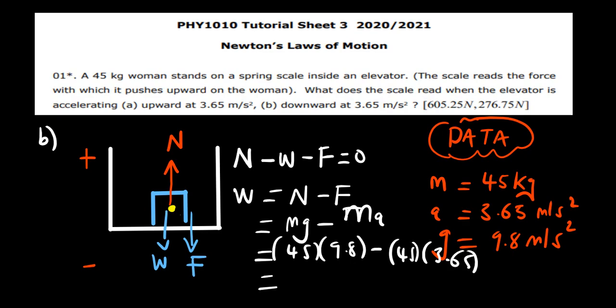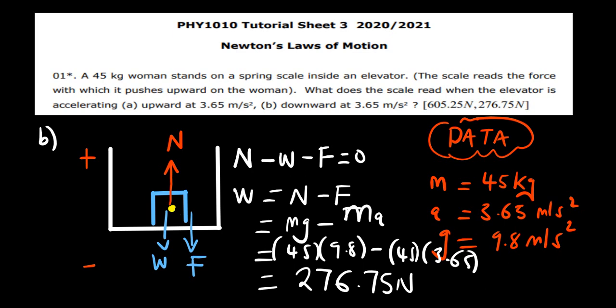When we solve, I'm finding 276.75 newtons. This will be the weight when she's going downward. That's what the scale is going to read.